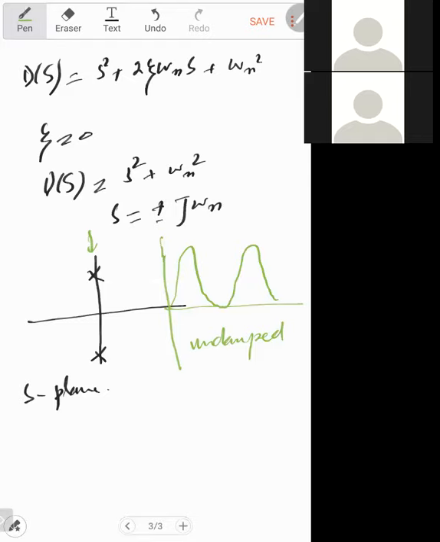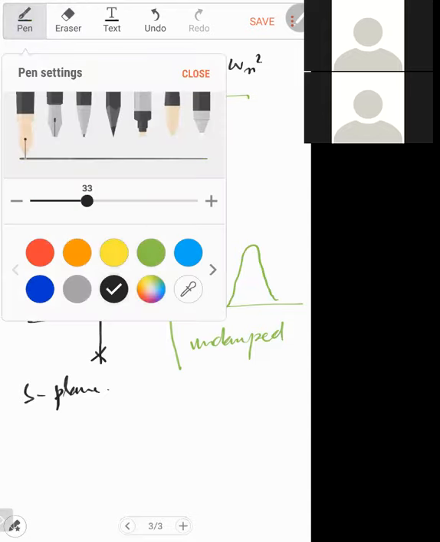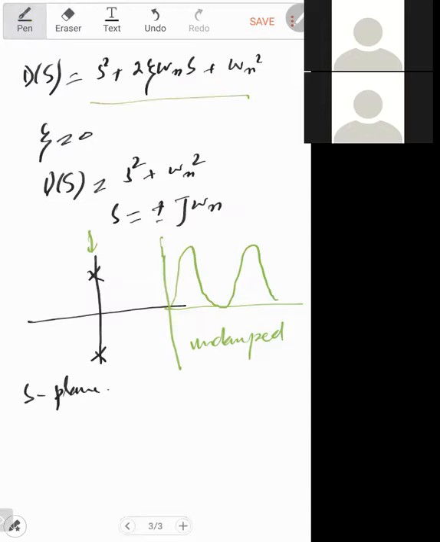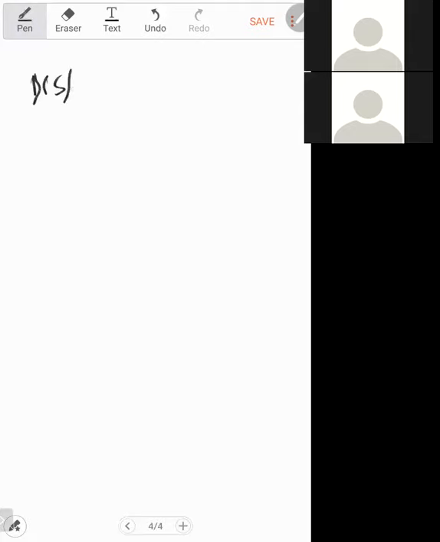The second case will be when zeta is equal to 1. You see in this equation, when zeta becomes equal to 1, you are getting the real roots. How do you see that? In this case, d of s is equal to s square plus 2 zeta omega n s plus omega n square.